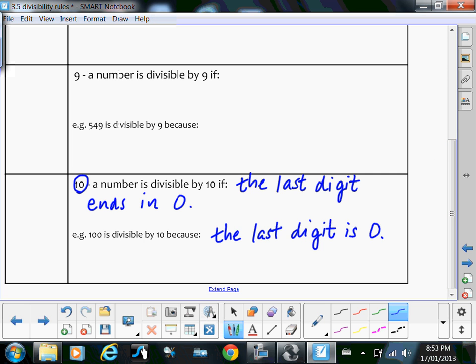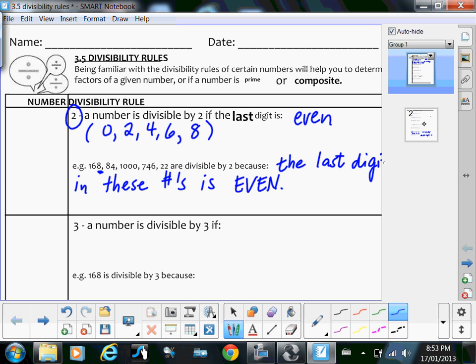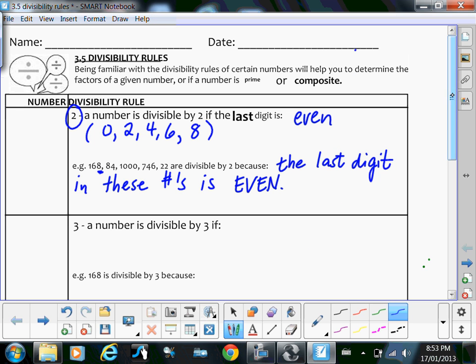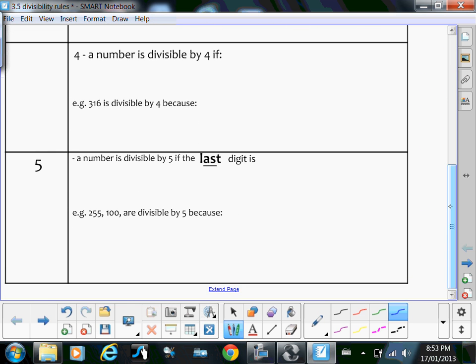Now again, I'm going to go out of order because I'm going to try and cover divisibility rules that you know first at the beginning. So let's go to the divisibility rule for 5, which is at the bottom of the front page. A number is divisible by 5 if the last digit is or ends in a 5 or a 0.